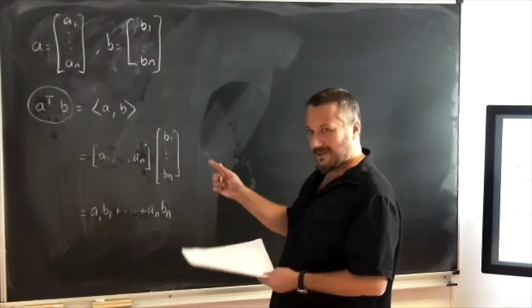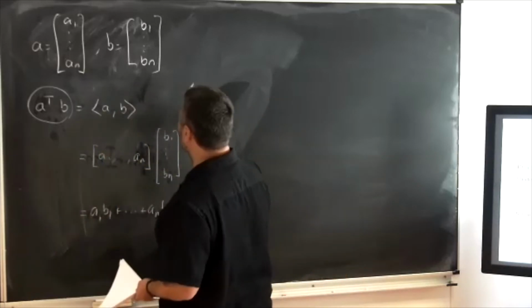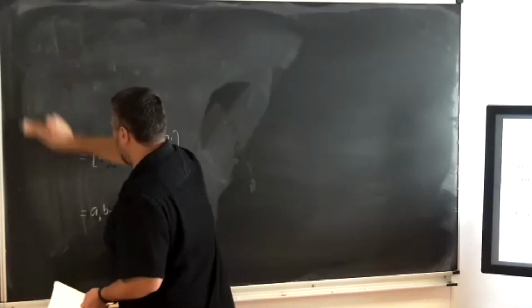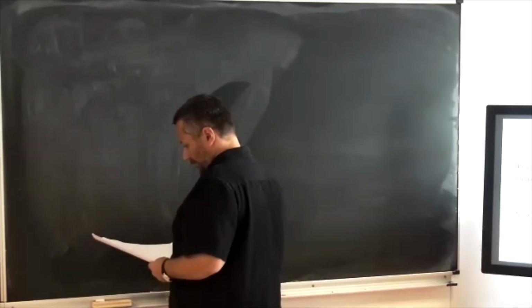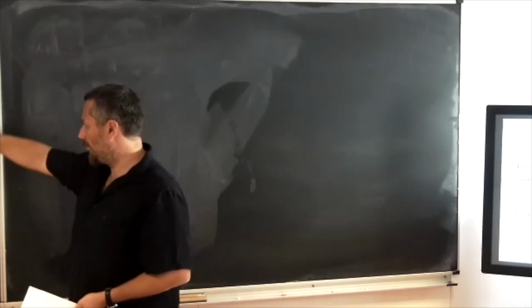Unfortunately, I'm going to clean this up. I wrote it in the wrong place. Anyway, sorry about this. Again, just using the chain rule, you can see that this equals that.